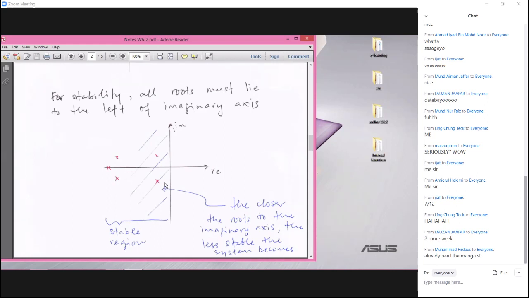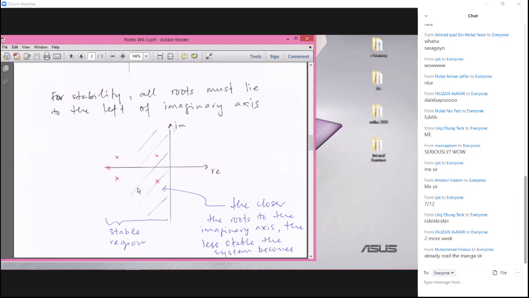The closer the root is to the imaginary axis, the less stable the system becomes. Sometimes the roots that are further away are called non-dominant roots, the roots that have no significant influence on the behavior of the system.